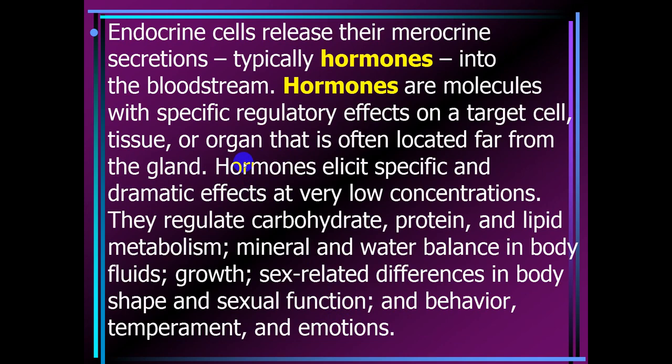So, the main secretory product of the endocrine cells we call as hormones. Usually, hormones are released directly to the bloodstream by the merocrine secretion. Hormones are molecules with specific regulatory effect on the target cells, tissues, or organs that is often located far away from the gland.